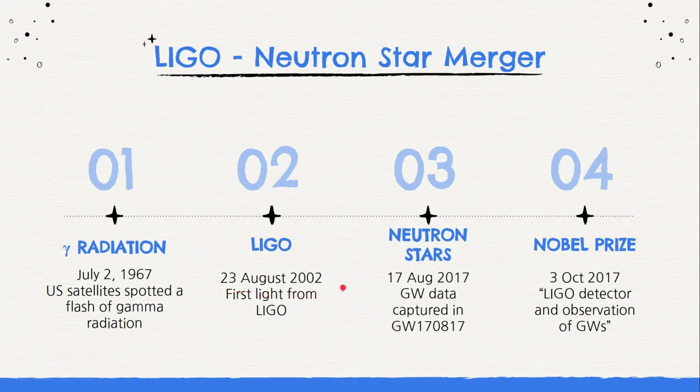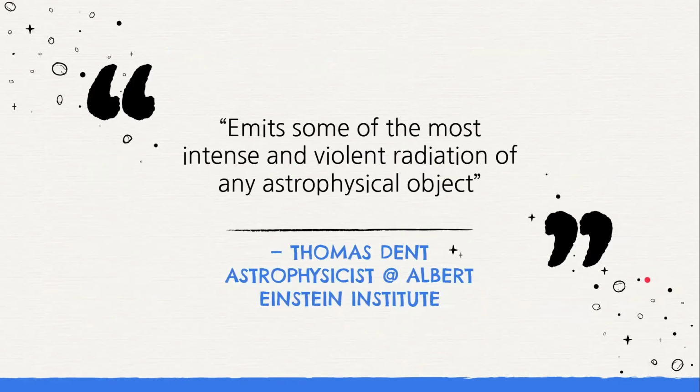In the early 2000s, there was the first light from LIGO, and only 15 years later, this GW data, GW170817, was captured using telescopes from a wide range of the spectrum: optical, radio, X-ray, gamma ray, IR, or even UV telescopes, which captured the signal of the neutron star. And by the way, also in 2017, LIGO got its Nobel Prize for the observation of the GW signal.